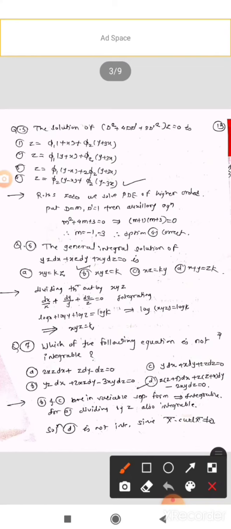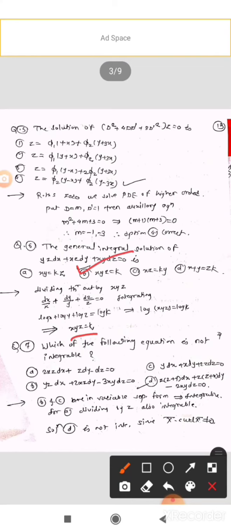Therefore we divide throughout by xyz, and we get the equation dx upon x plus dy upon y plus dz upon z is equal to 0, which is in the proper form, and the solution is obtained by integration. Then integrating, we get log of x plus log of y plus log of z is equal to log of constant k, which implies x into y into z is equal to constant k. Hence option B is correct.